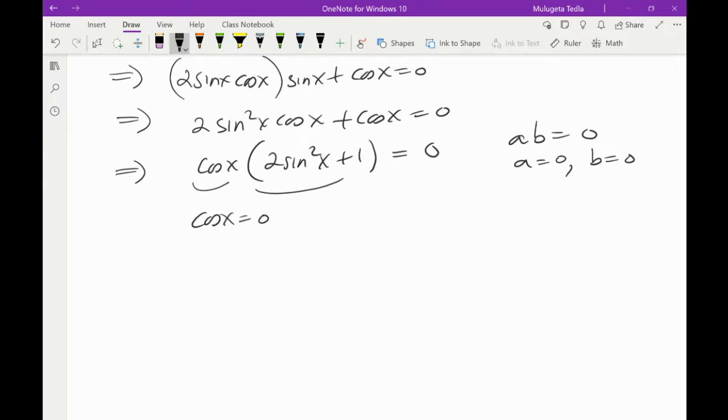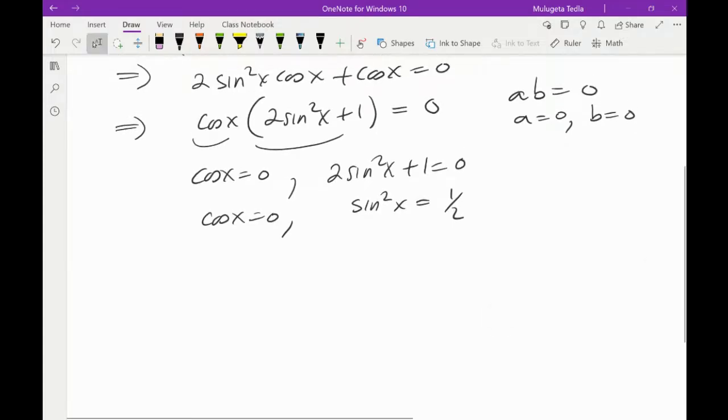That's where we get two cases: cos x equal to 0, comma, 2 sine squared x plus 1 equals 0. So sine squared x is, unfortunately, minus 1/2, which is impossible.